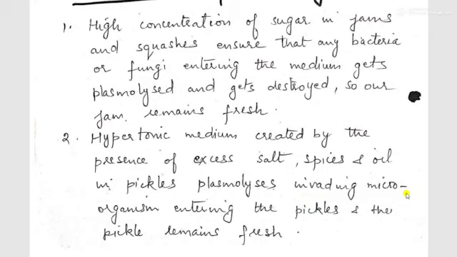So if inside the pickles any disease germs, any fungus, bacteria enters, it will get plasmolysed. Water from its body will go out because outside is a concentrated solution. So it will lose water from its body, exosmosis will happen and it will get plasmolysed and ultimately it causes death of that organism. So our pickle will not get infected and it will remain fresh.